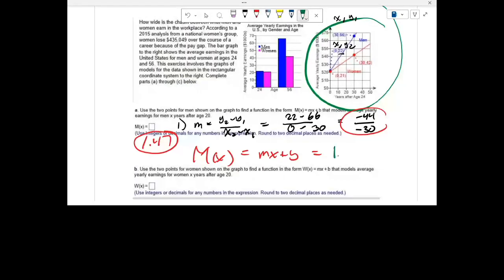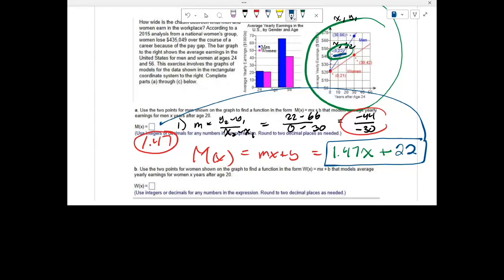So what I'm going to do here, I'm going to write 1.47x plus the B. The B happens to be the Y number when the X number was 0. If you notice right here, when the X number was 0, the Y number was 22. So this part happens to be my answer for that one right there. Okay.